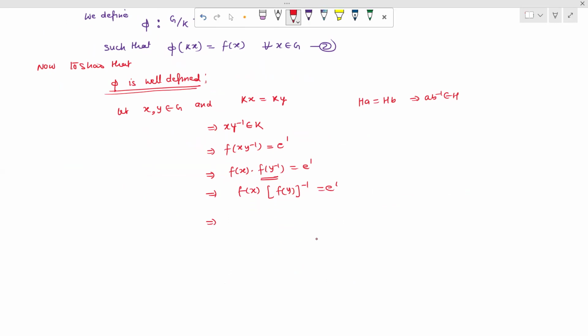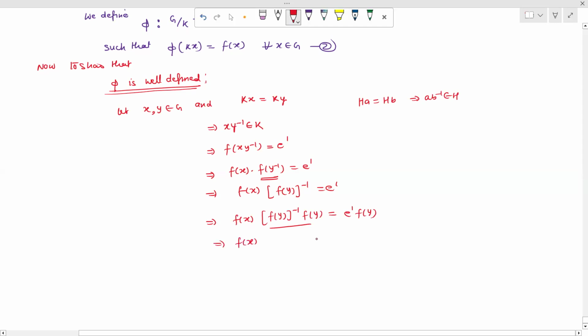Now, this implies that we can write f(x) into f(y) inverse into f(y), so we post multiply by f(y) in this equation. So f(y) to the whole inverse into f(y) gives us identity. So f(x) into identity, where the identity of the function you can take as e dash, equals e dash into f(y). So f(x) into identity gives f(x), and e dash into f(y) gives us f(y).